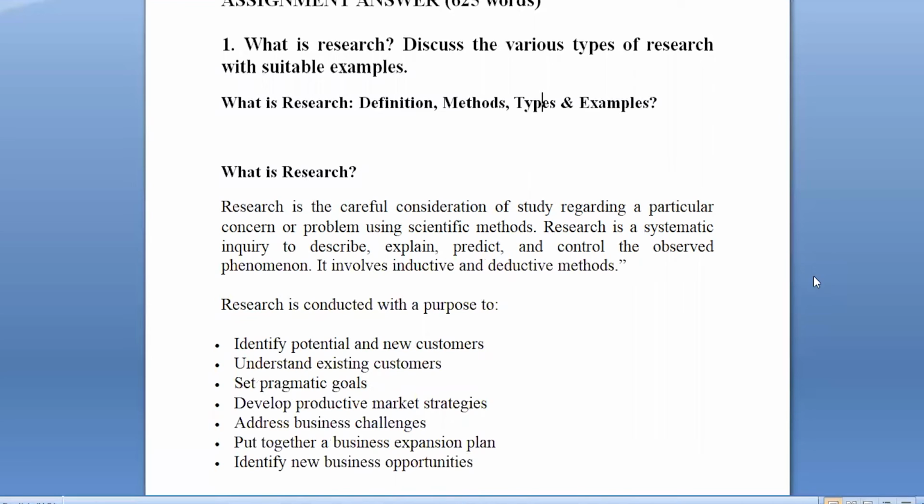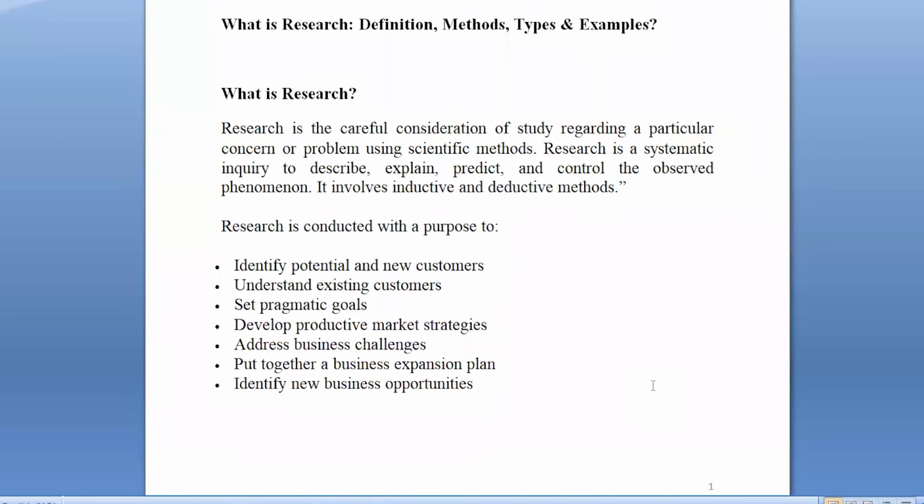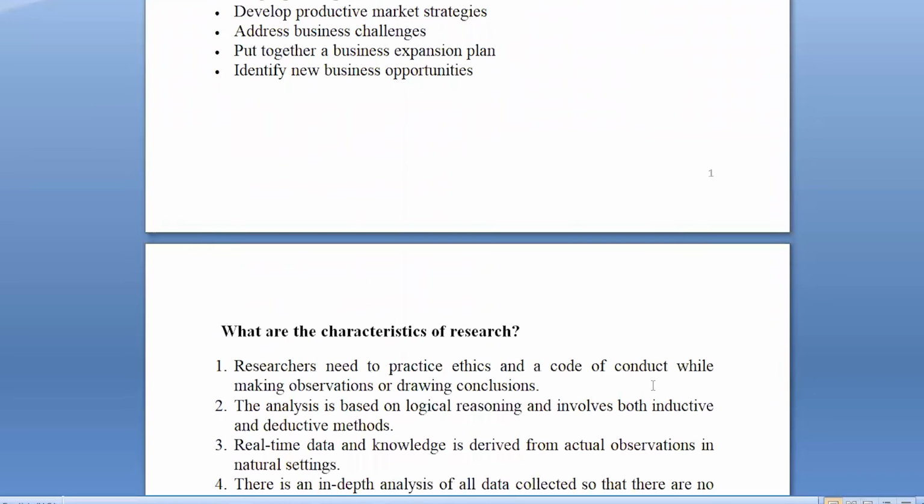Research is conducted with a purpose to identify potential and new customers, to understand the existing customers, to set pragmatic goals, to develop productive market strategies, to address business challenges, to put together a business expansion plan, to identify new business opportunities. What are the characteristics of research?